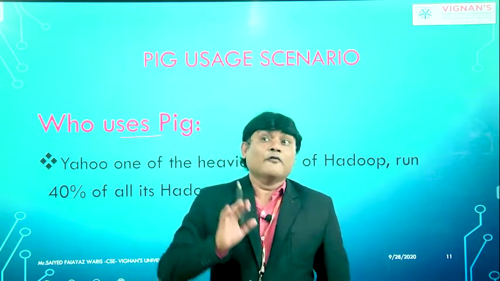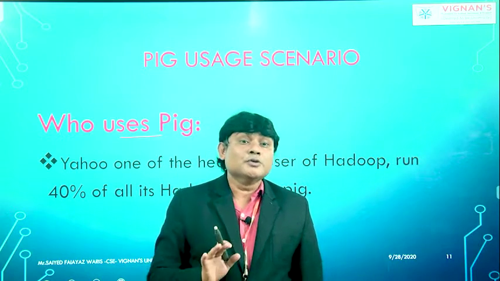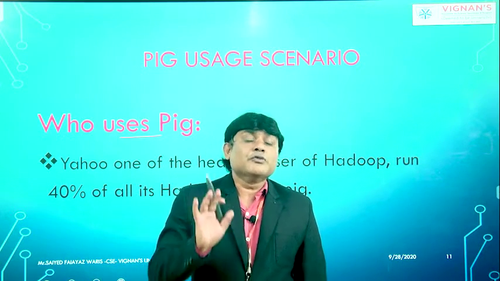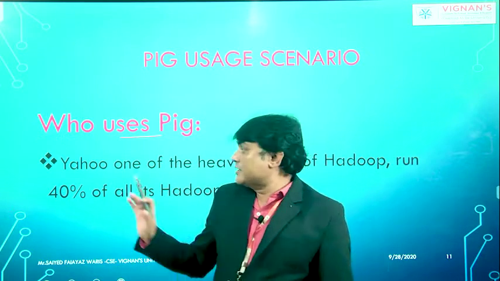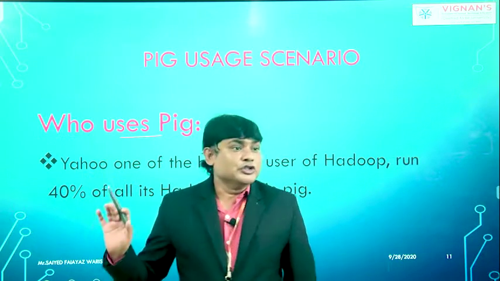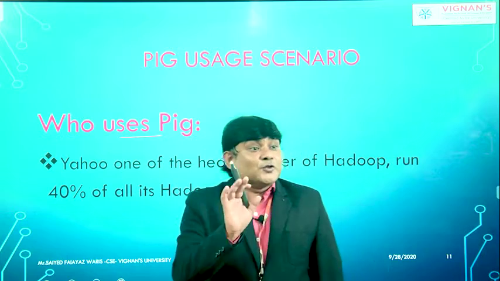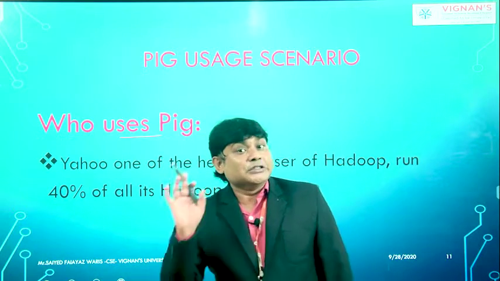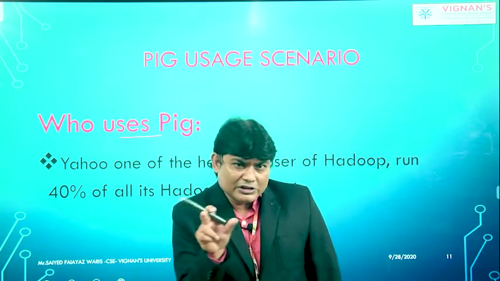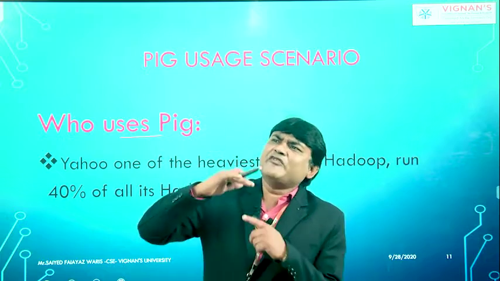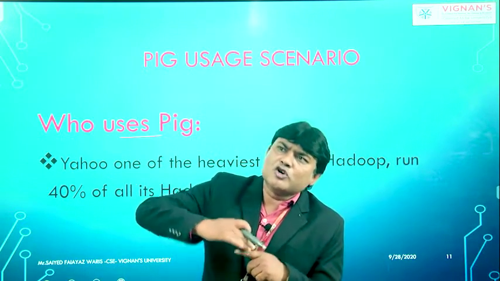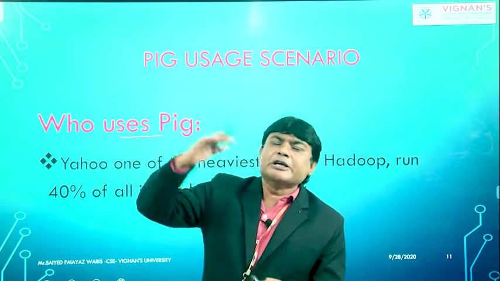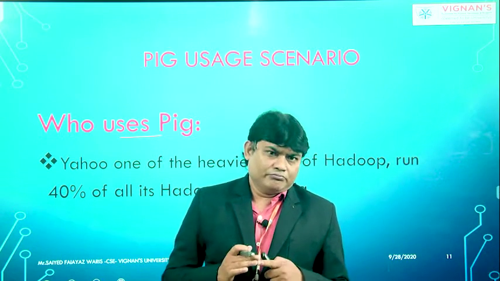Just imagine, 40% of the Hadoop jobs can be run using Pig only. Pig is that useful for Hadoop. In 2013 to 2014, Pig was at a very peak level, because almost all the ad hoc queries ran using Pig.